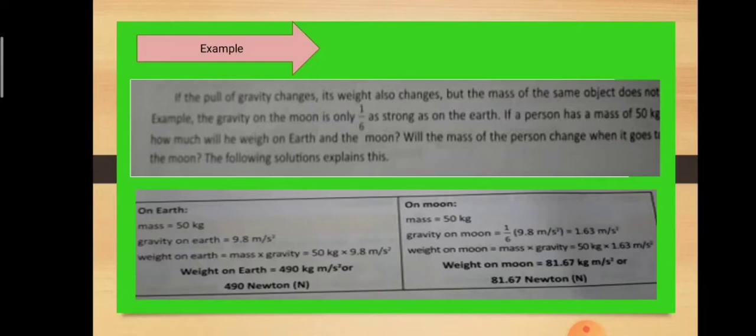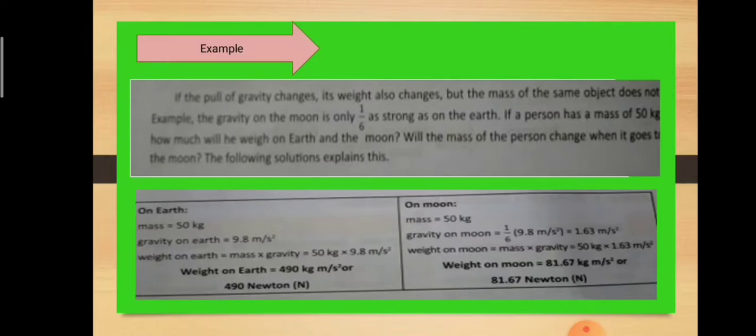But on the moon, mass is equals 50 kg. Then the gravity on the moon is 1/6 multiplied by the gravity on Earth, 9.8 meter per second squared, which is equals to 1.63 meter per second squared.